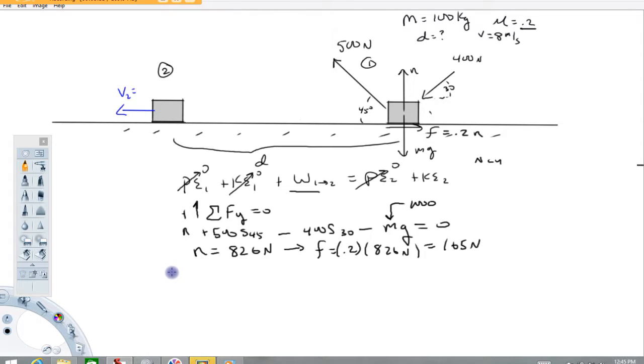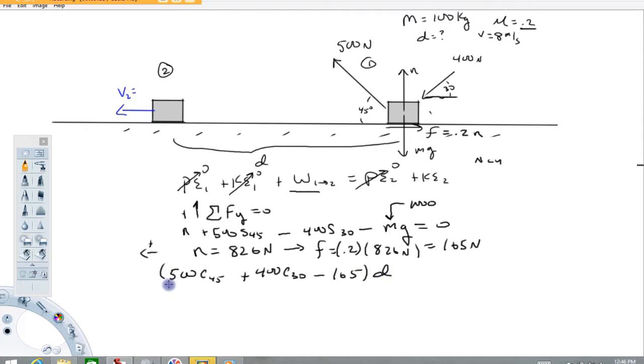So that's going to look like, and I'm doing left positive, 500 cosine 45 for the x component of that force, plus 400 cosine 30 is the x component of that force, minus the frictional force, minus 165, and that's minus because the frictional force points right, and I'm doing left positive when I'm writing this force out for the work term, right?